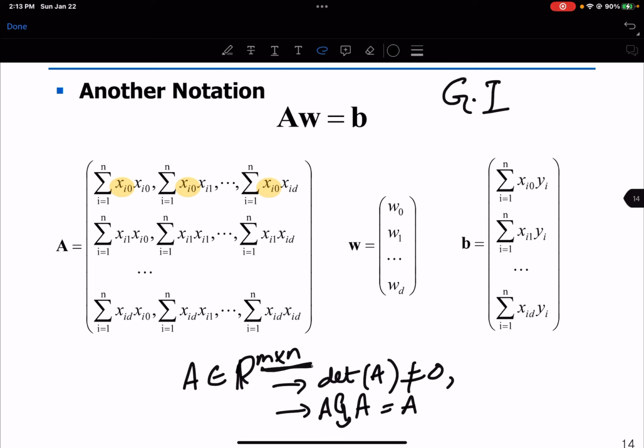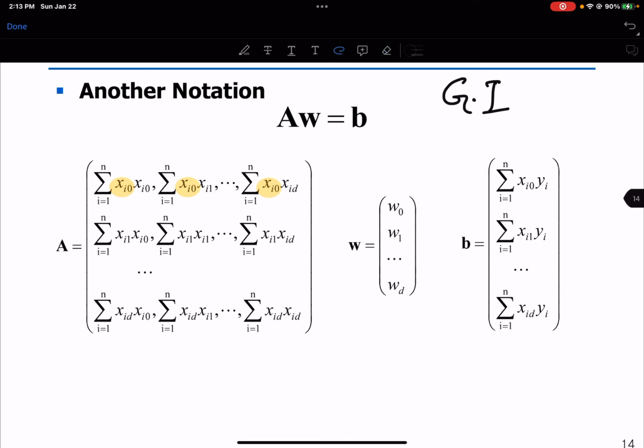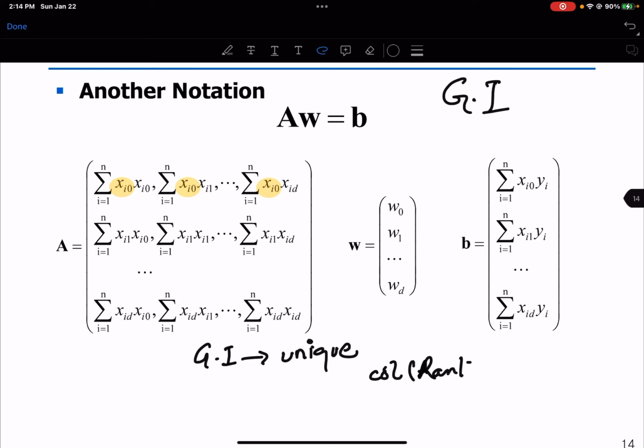For this type of matrix of this format, we can find another way or another notation to solve it. Here I would like to mention that the generalized inverses will be unique when the column rank of the matrix A is equal to n, which is less than m.